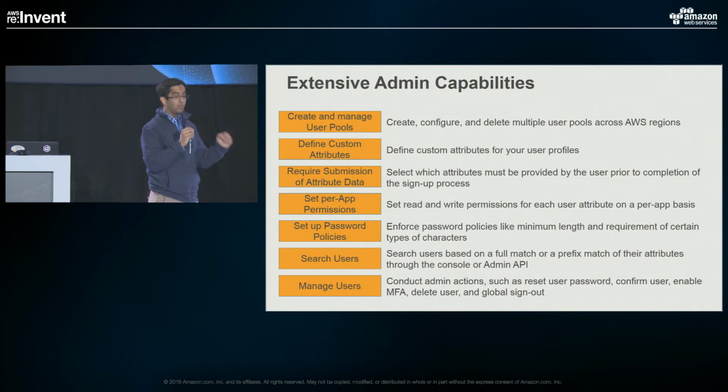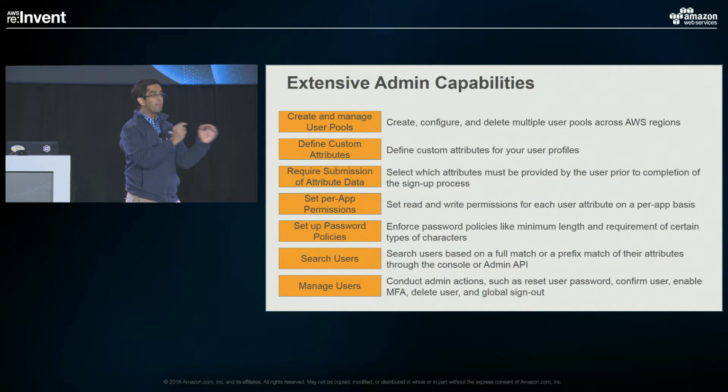In addition to the standard attributes that we allow you to capture for your users, you can define custom attributes, so membership status, for example. You can require submission of attributes during the registration process. We also have this notion of app, and you can have multiple apps that use the same user pool, allowing the user to leverage the same credentials across those apps.